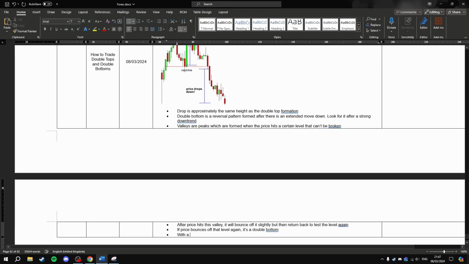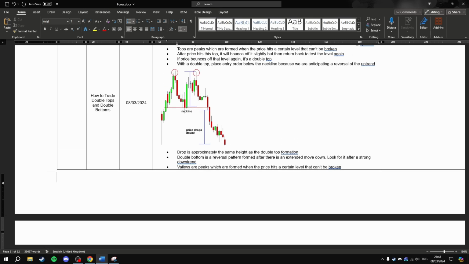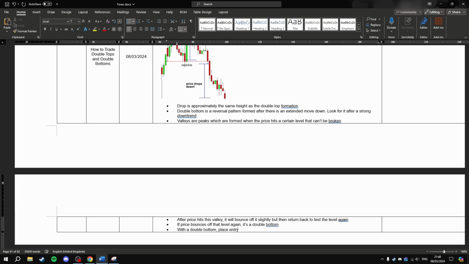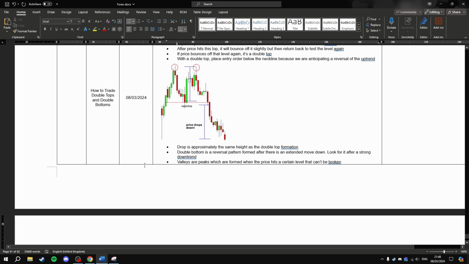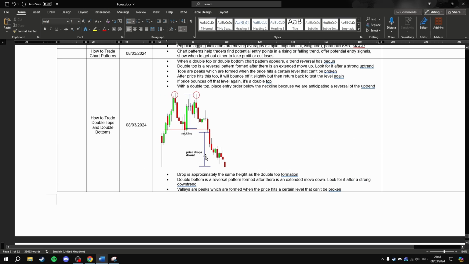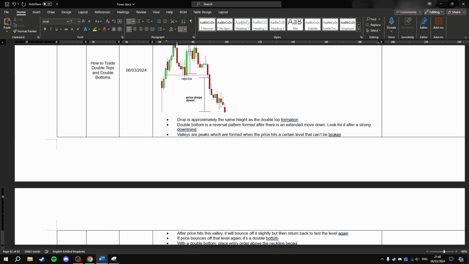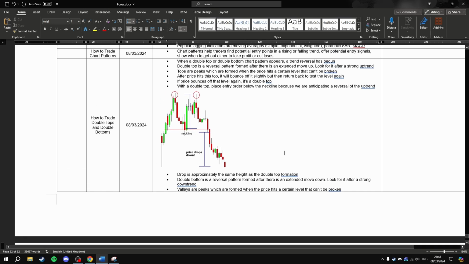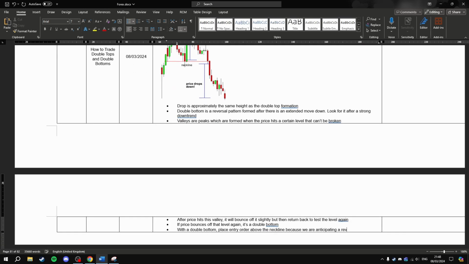With a double bottom, place entry order above the neckline, because we are anticipating a reversal of the downtrend.